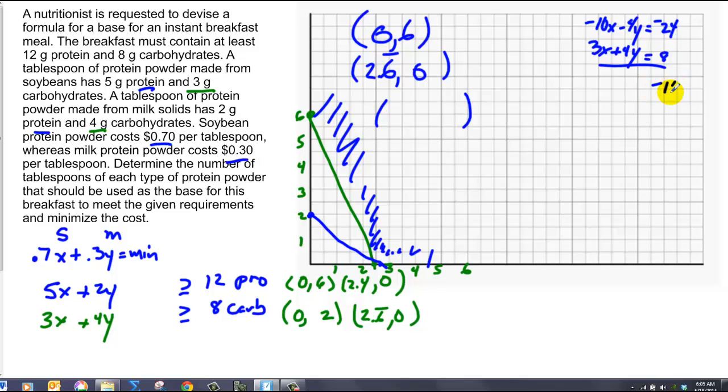Get negative 7x is equal to negative 16. So x equals 16 over 7. Then I'd have to find y. Turns out y is equal to 8 over 21.